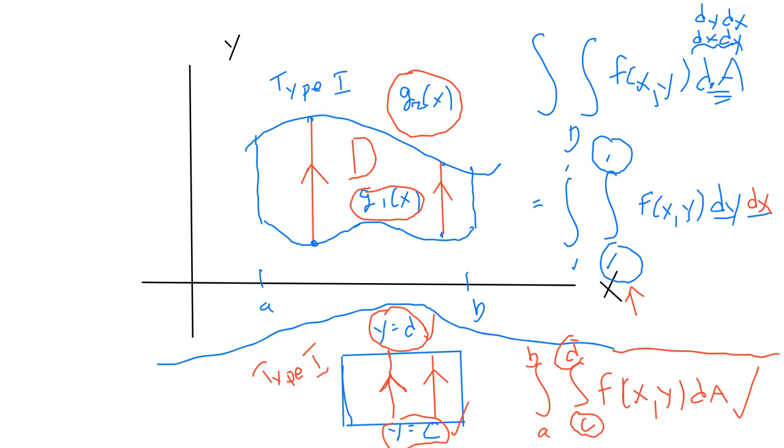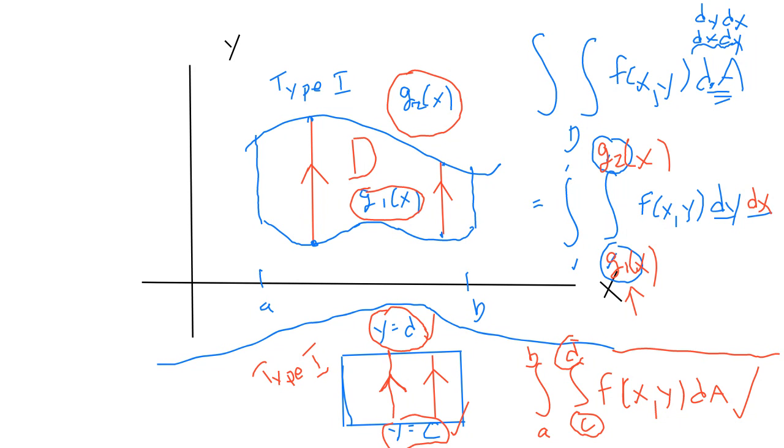G1, that's right. Good, Charles. G1 of x goes here. What's going to go up here in the top y limit? Good, Charles. Good, Ellie. G2 of x.